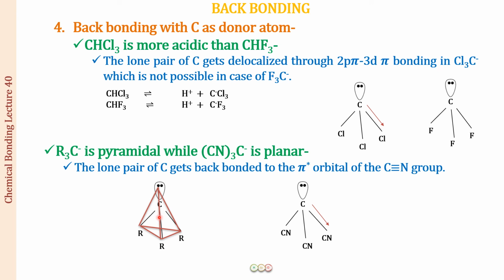This is going to be an sp3 hybridized carbon, so the shape is pyramidal. Whereas when we have a carbon attached to 3 CN groups, the lone pair of carbon gets back bonded to the pi antibonding orbital of the C triple bonded N group. So the cyanide group participates in back bonding, and hence we see this to be planar, whereas CR3 negative is pyramidal in shape.